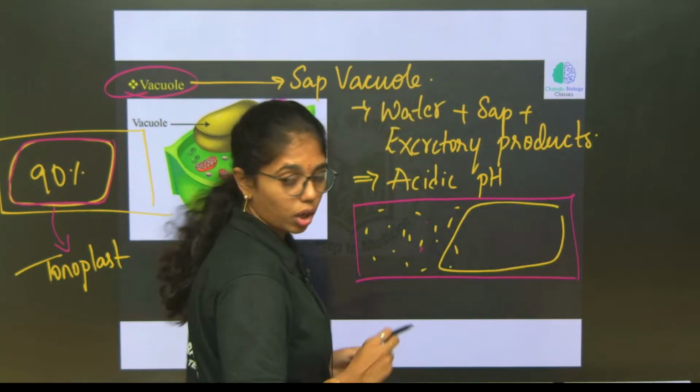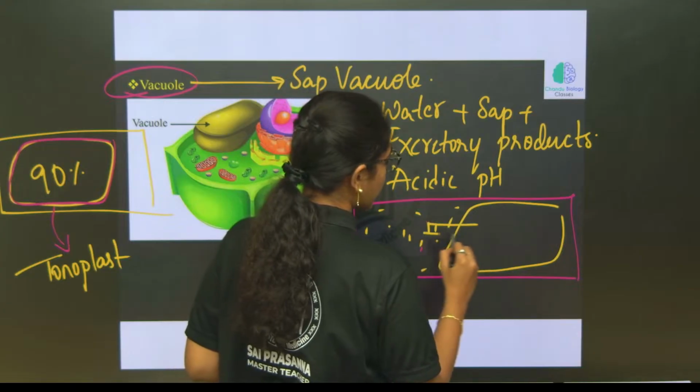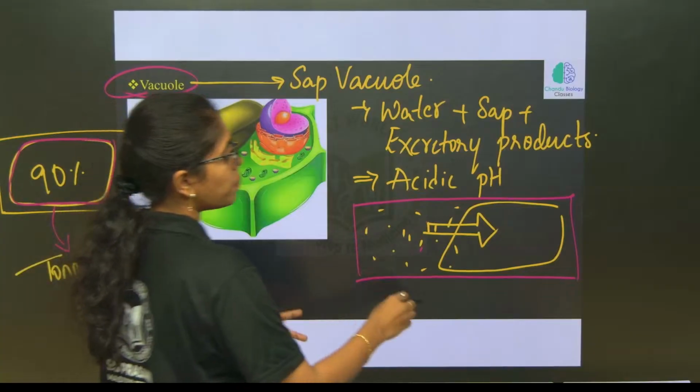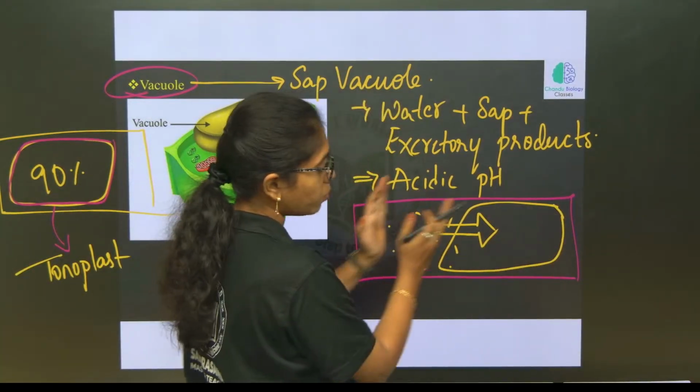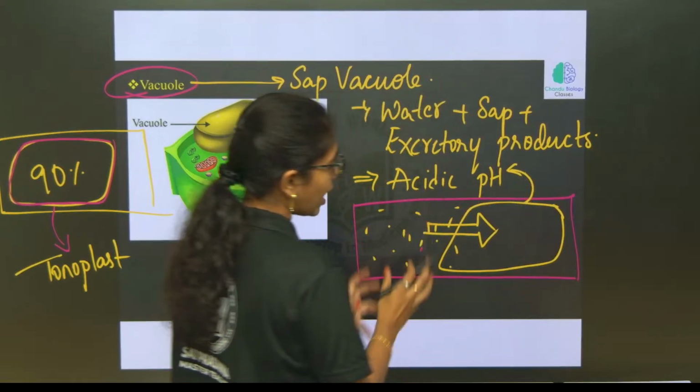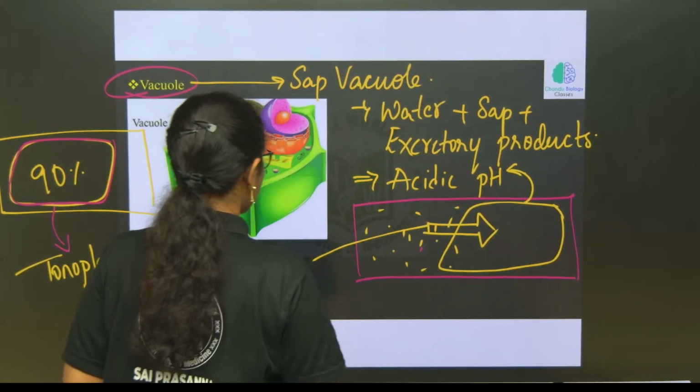This is the vacuole. What transport is activated from the cytoplasm to the vacuole? As the pH of the vacuole is acidic, the transport is definitely active transport.